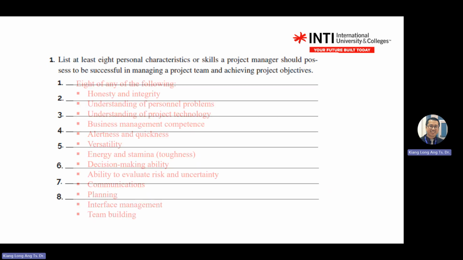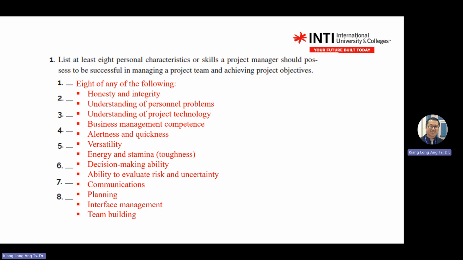These are all the things you can think of as a good character and strength: honesty, ability to make decisions, good communication, being a team player, team building, and all these things. So memorize 4 from here if this question comes out.